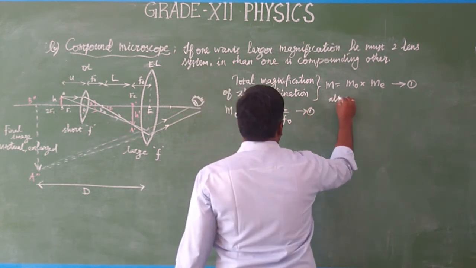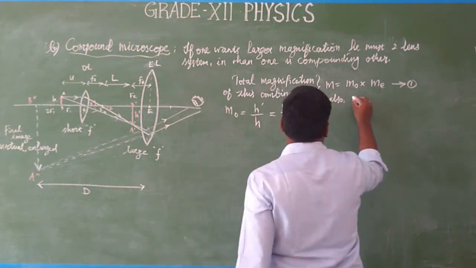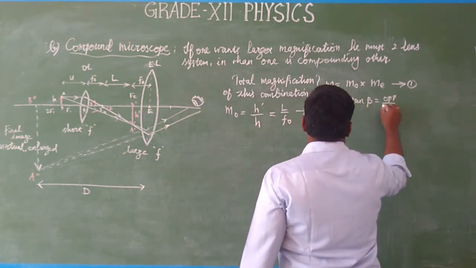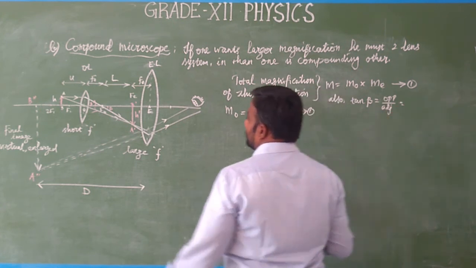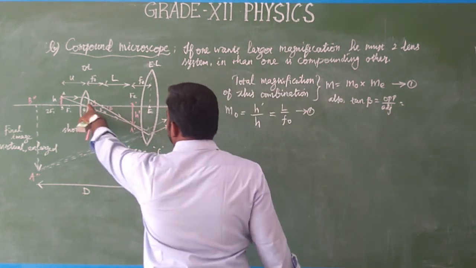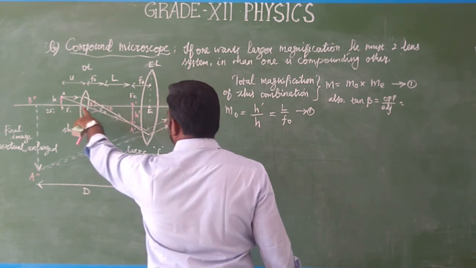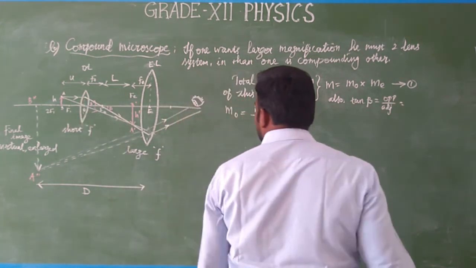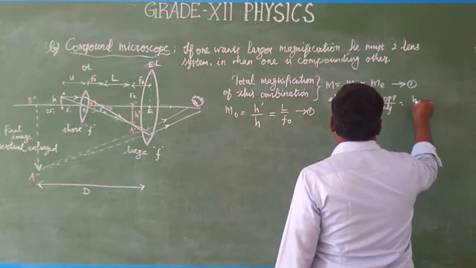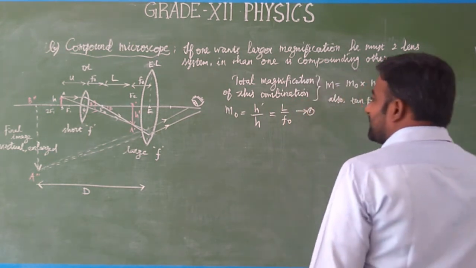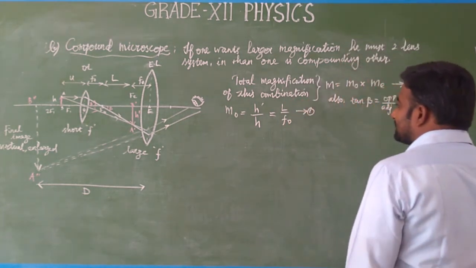We can also prove this from the tan of the angle. Tan of the angle is opposite by adjacent. So in this triangle, the tan is H dash by L. And in the other triangle, what do you get? H by F naught. Both are equal, no? So H dash by L is equal to H by F naught.